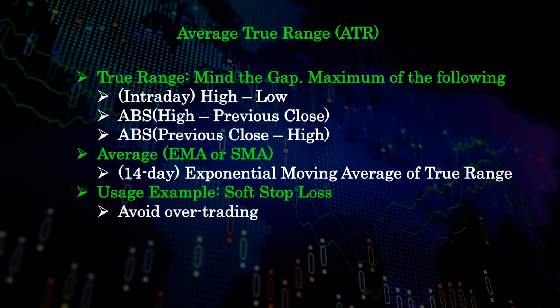We also look at one of the ways using ATR, which is to define a soft trading stop loss. It would avoid overtrading or premature stops. You can imagine there are other ways to use the ATR. For example, you may decide not to enter a breakout trade if the possible breakout didn't really break above certain buffer zone defined by the ATR.